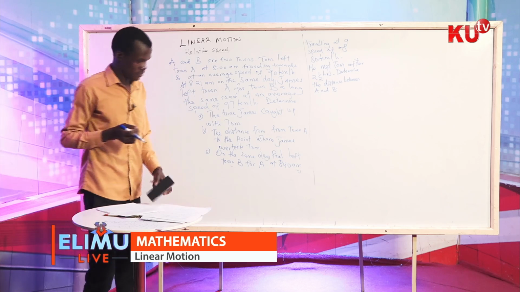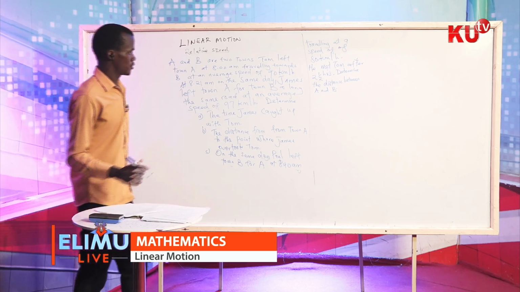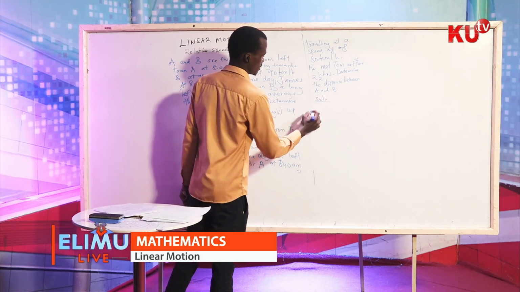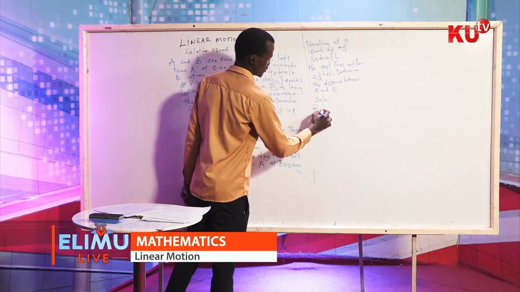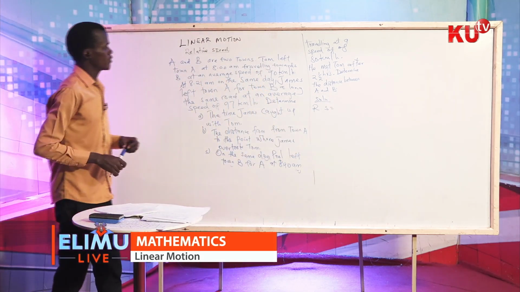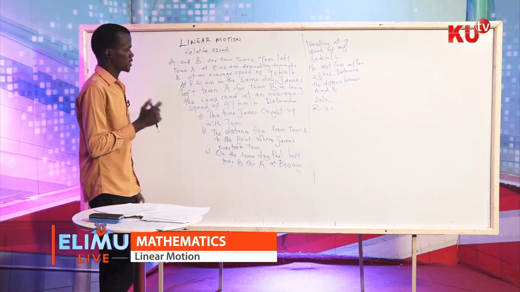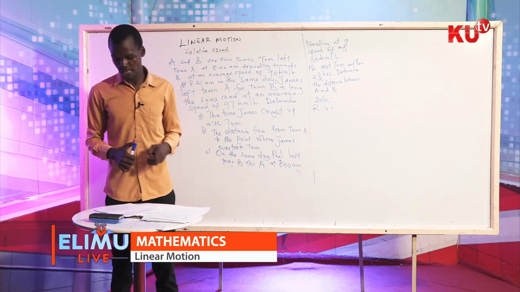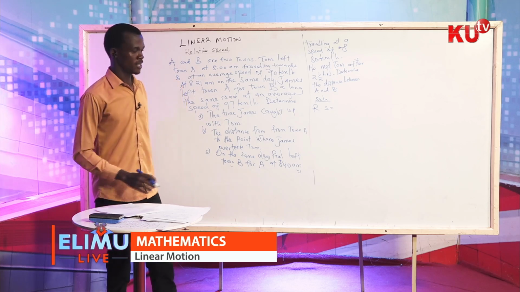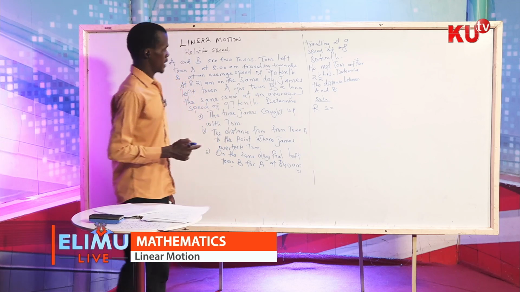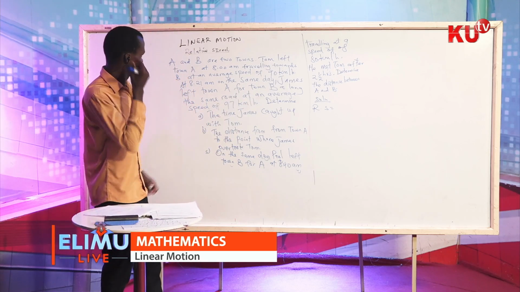So now, first of all, we'll need to find the relative speed of the two. The two are moving in the same direction, and when bodies are moving in the same direction, we subtract the two speeds.